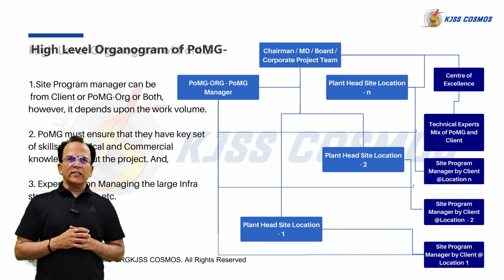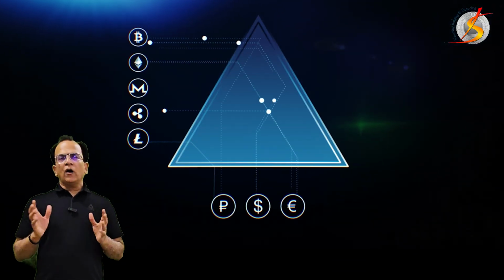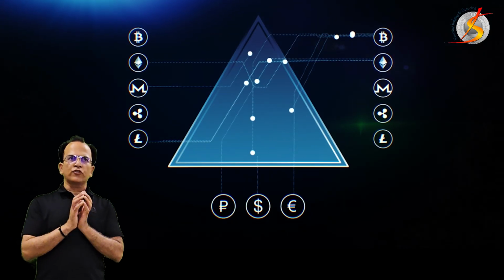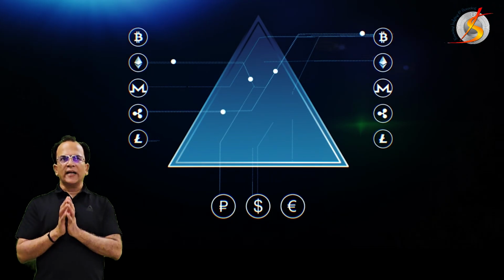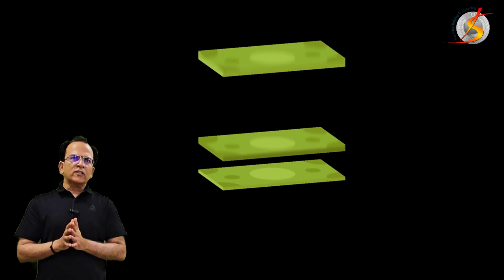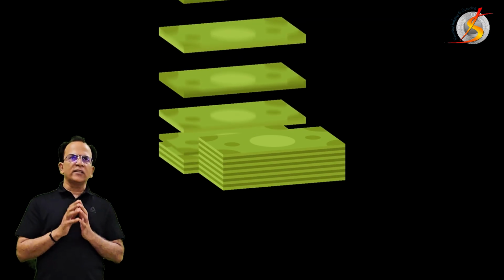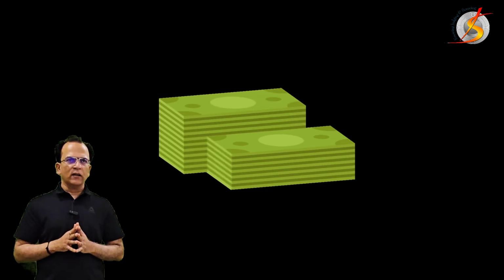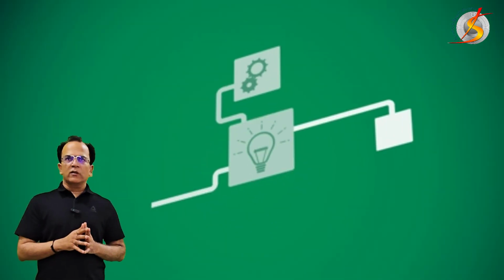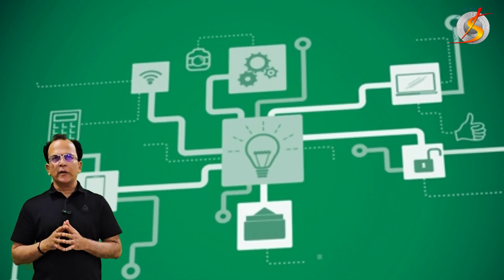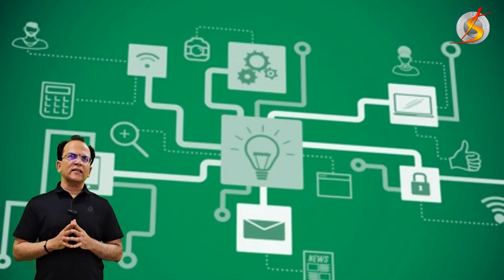Let's come to the organization structure and reporting hierarchy. The organization follows a structured hierarchy designed to ensure efficient project execution, seamless coordination between stakeholders, and strategic decision making at the different levels. The organogram consists of multiple key roles categorized into strategic leadership, program management, technical expertise, and site operations.